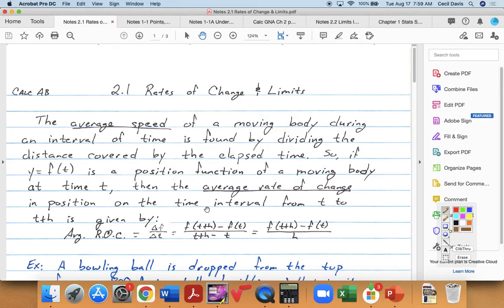So the change of the function is f of t plus h minus f of t, over t plus h minus t. Okay, it's the change in the output over the change in the input. Now, back up for just a second. The change in the input on bottom, the change in the output on top, what is that?